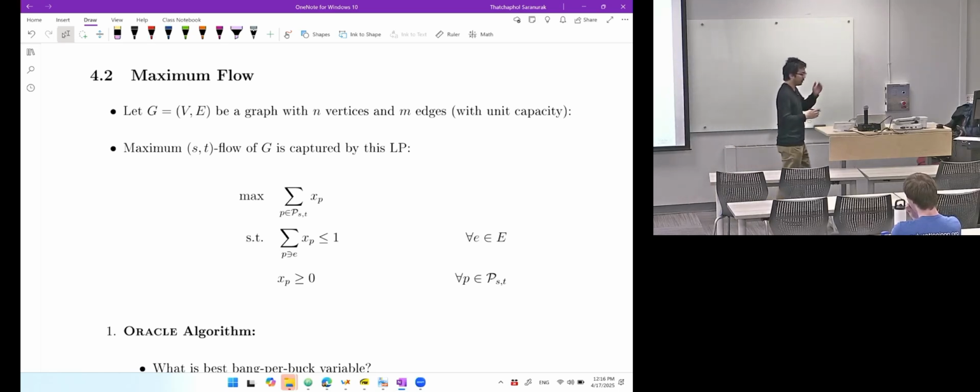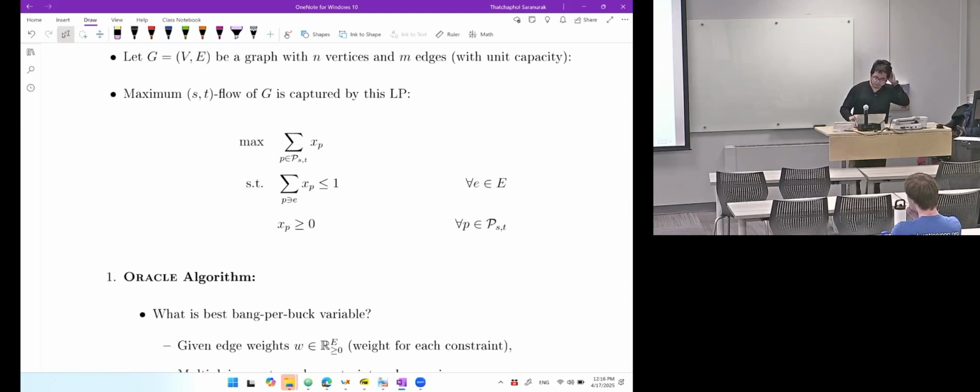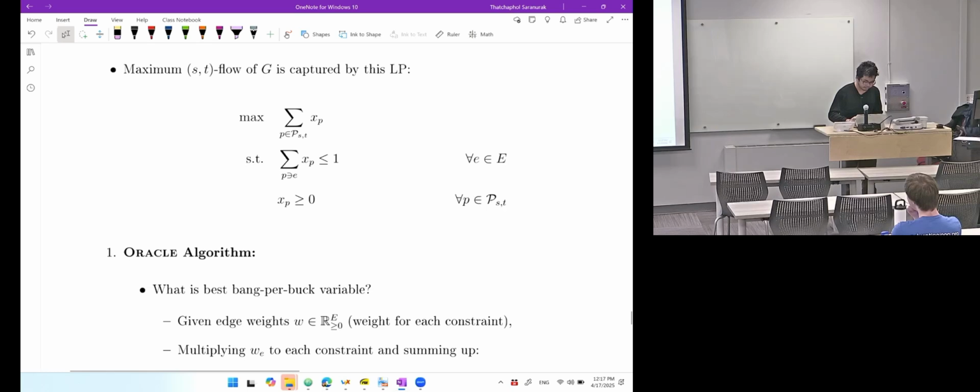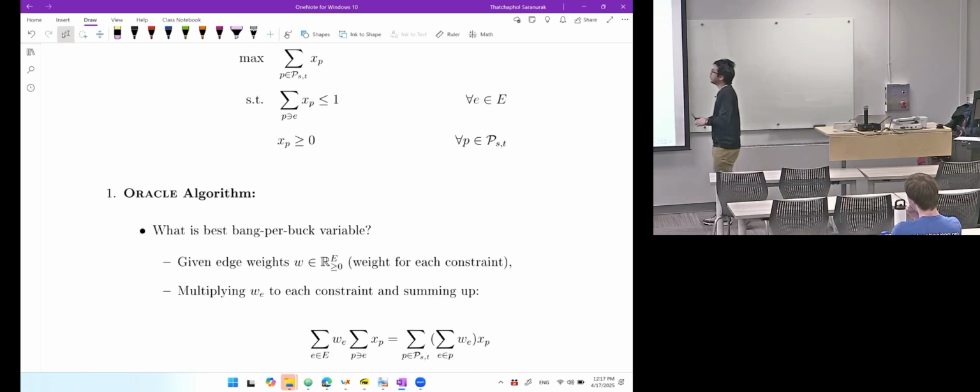So let's try to do it together. Let's look at what the best bang per buck variable is. Note that for each round in the weight update algorithm, the whole framework will maintain some weights.